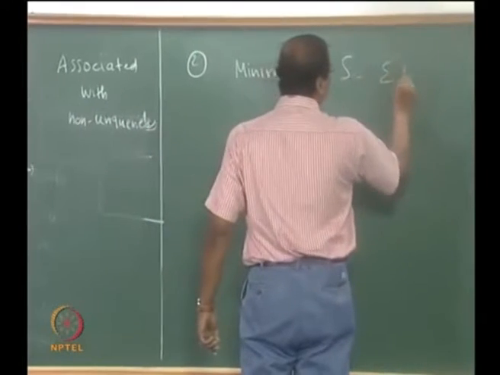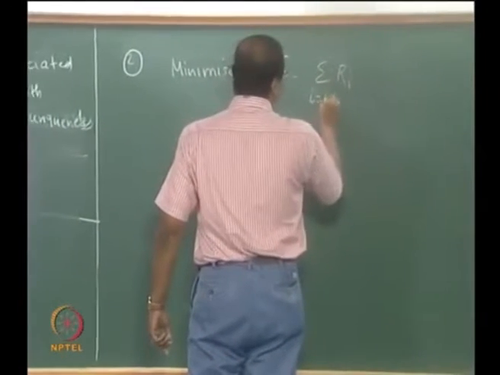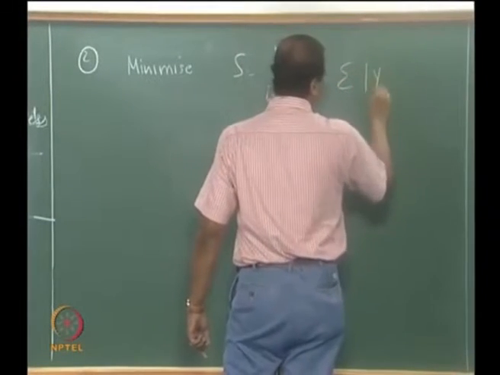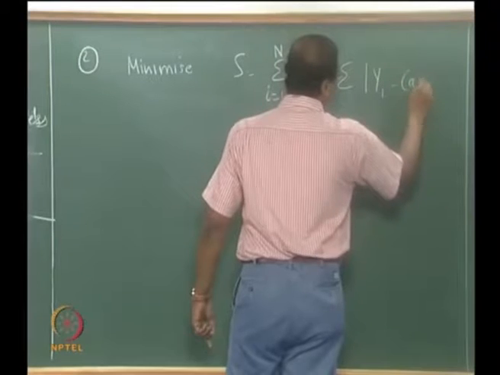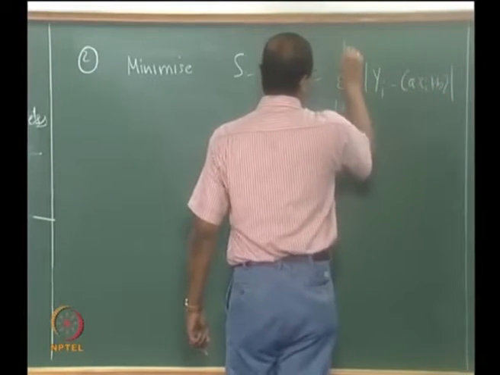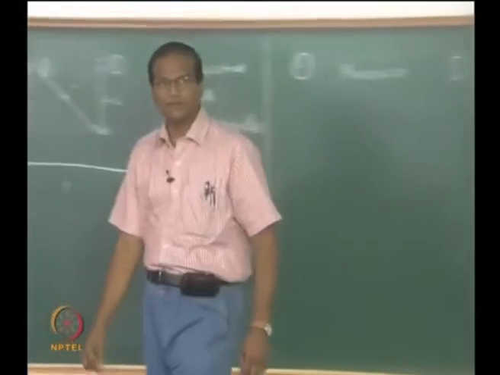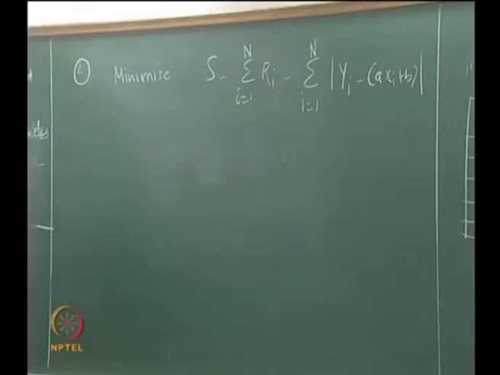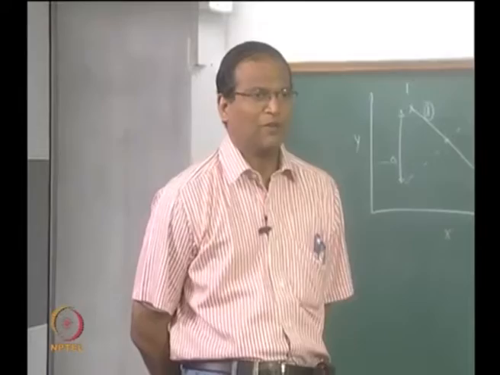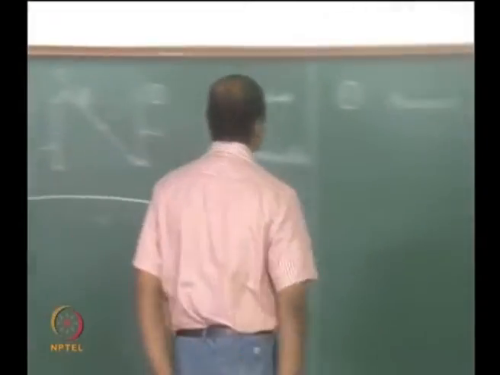I can again put, shall we do this? Looks better. Okay, I am minimizing the modulus. Now the large negative and large positive cannot cancel out each other. What is the problem with this? Let us take a hypothetical example.